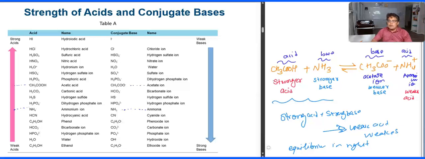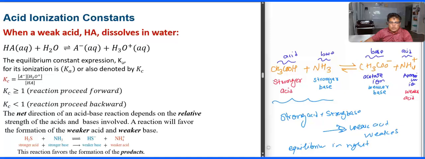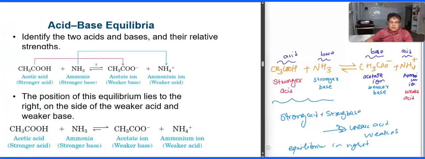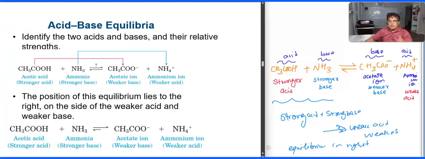Okay, so very interesting, right? So remember that stronger gives the weaker is the best. So stronger gives the weaker is the favorable condition. So here, what will happen in this case? We find that the position of this equilibrium lies to the right, on the side of the weaker acid and weaker base.